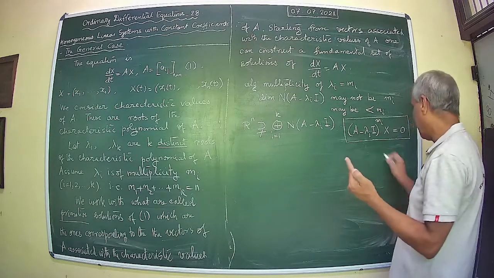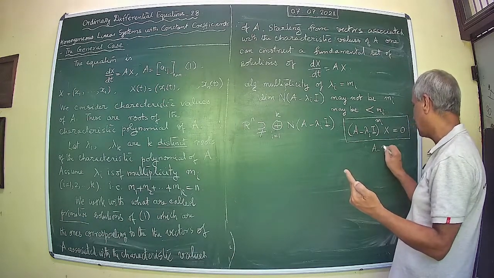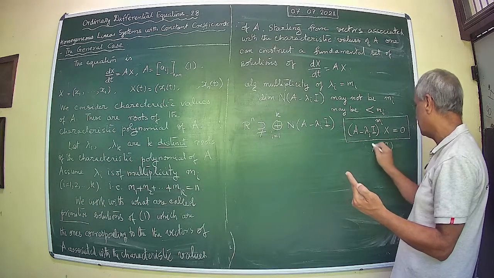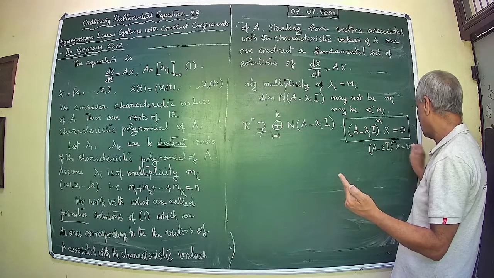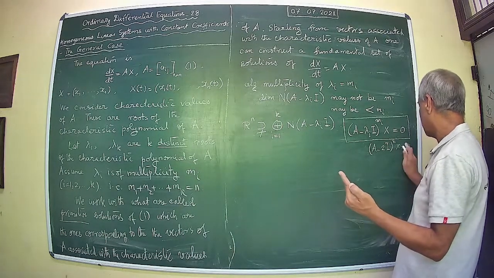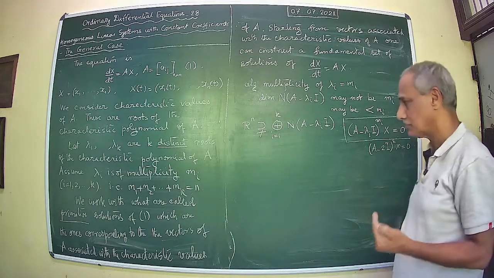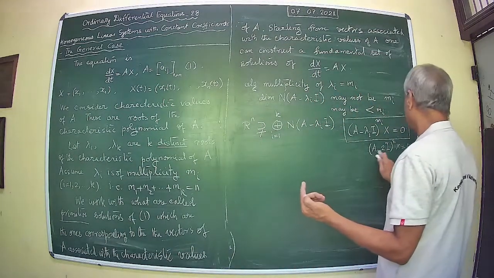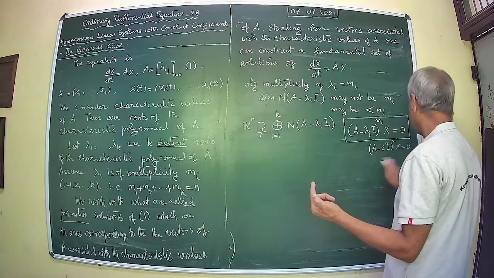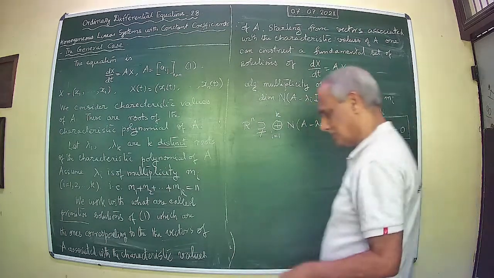So you have to work with this one, A minus 2I solutions of this. You know that if a particular x satisfies the condition (A minus 2I) x equal to 0, then certainly it satisfies this requirement.